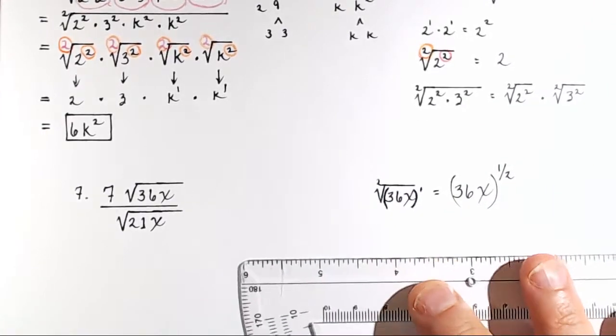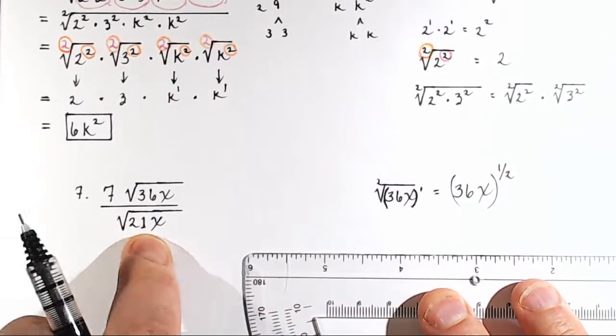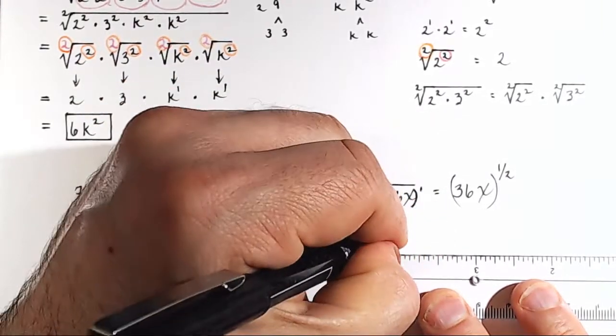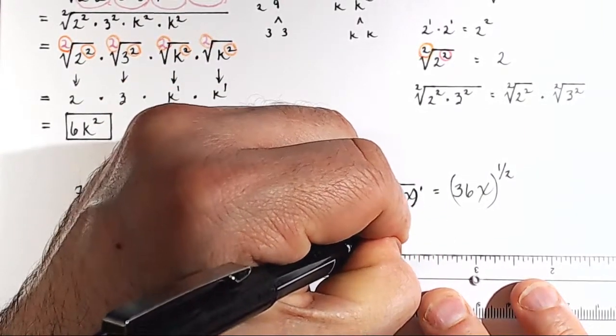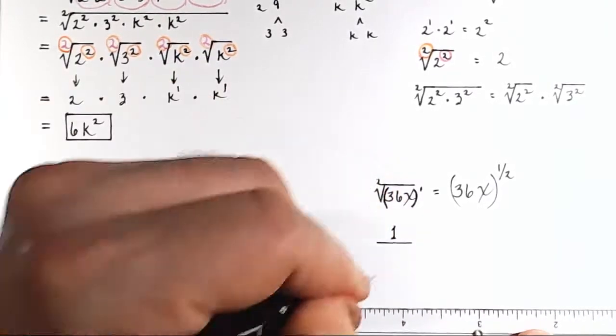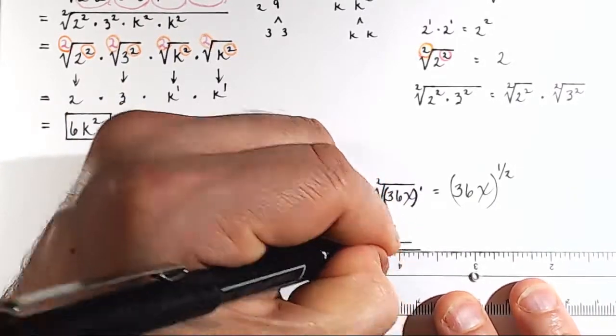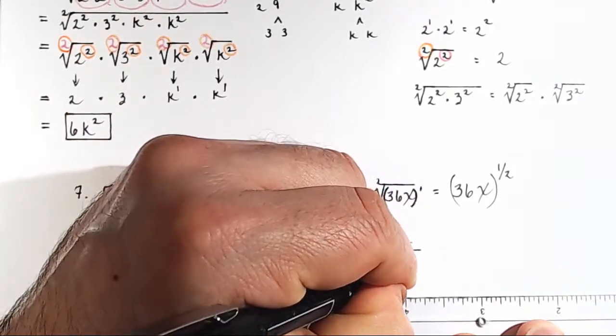Okay, here's one more piece, right? You've got square root 21x in the denominator. So let's imagine that we've got 1 over the square root of 21x.